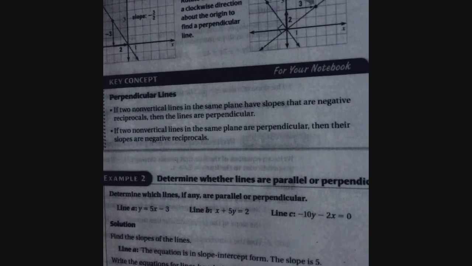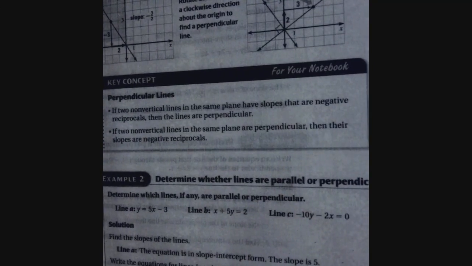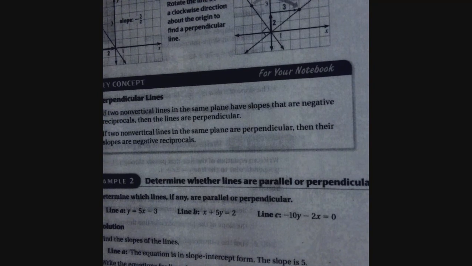Okay, so we're going to read this, and then I'm going to work this out. Determine whether lines are parallel or perpendicular. Determine which lines, if any, are parallel or perpendicular. So the first one is already solved for y. A is y equals 5x minus 3.